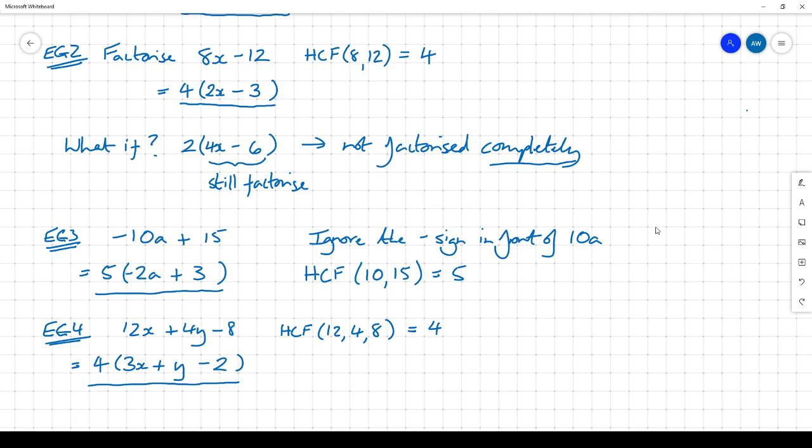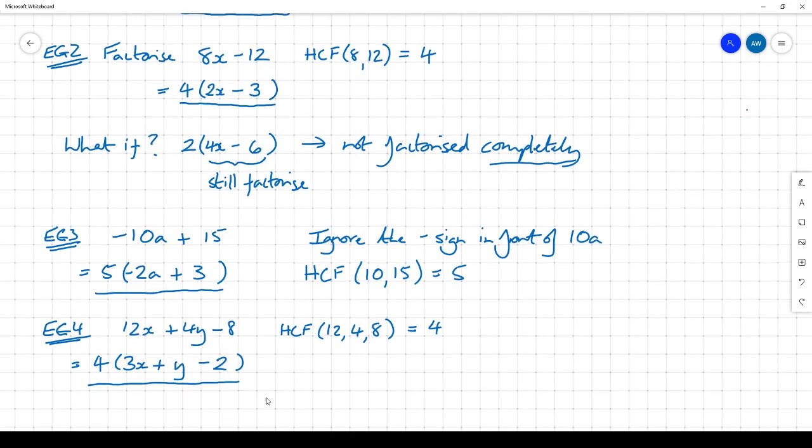Okay, and so there's the 4 examples. Remember, when you do factorise, always check the numbers inside your bracket to see if you can still factorise it. If you can, then it's not factorised completely and you haven't taken out the highest factor, so you need to look again.